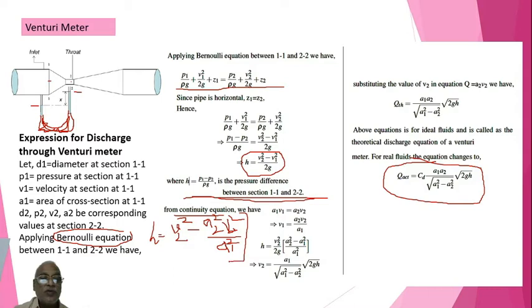So this is what we get for H. Now if you take the LCM, it will be A1² at the bottom. That's what they have done here. V2² is taken out. So this becomes A1² − A2². It should have been A1² − A2² here.